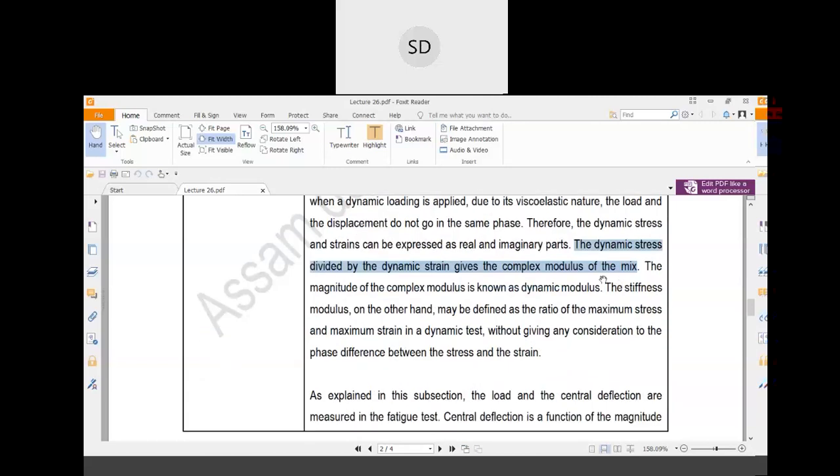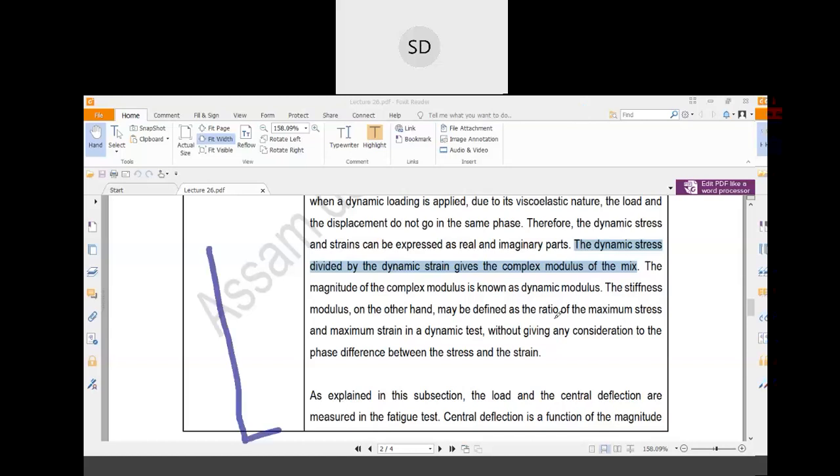Now the next parameter is stiffness modulus. Stiffness modulus is the ratio of maximum stress and maximum strain in a dynamic test. Suppose you have done the dynamic test.